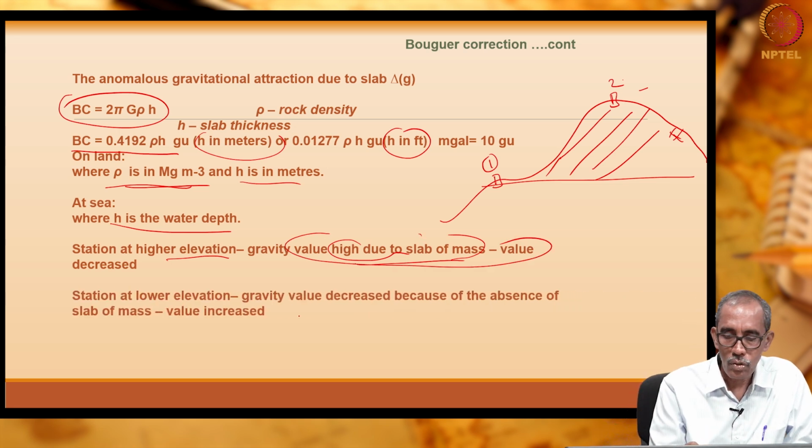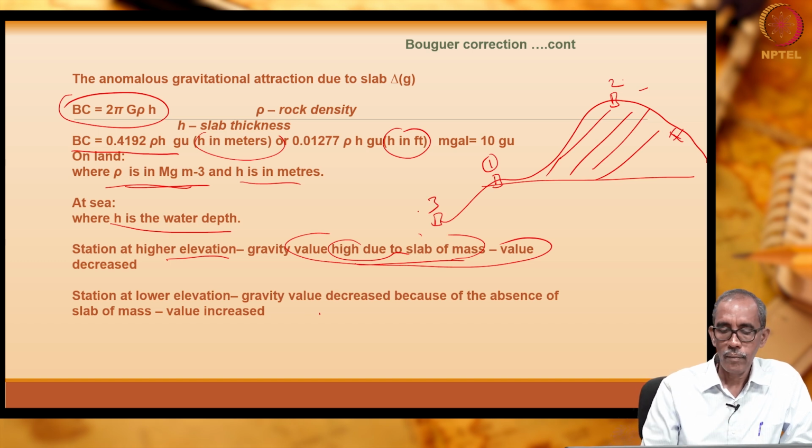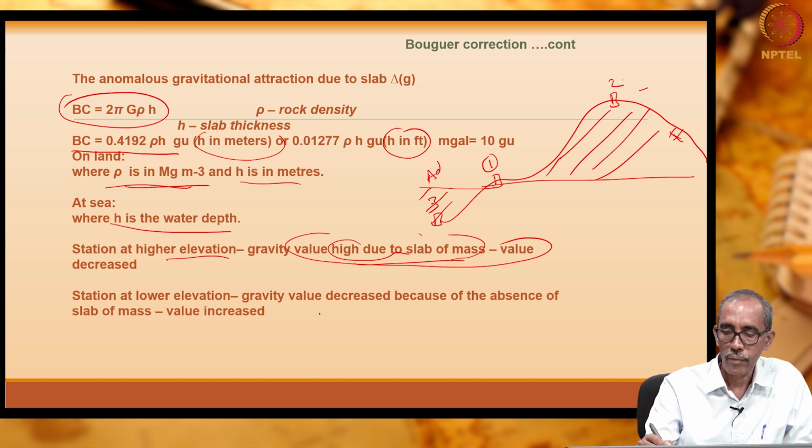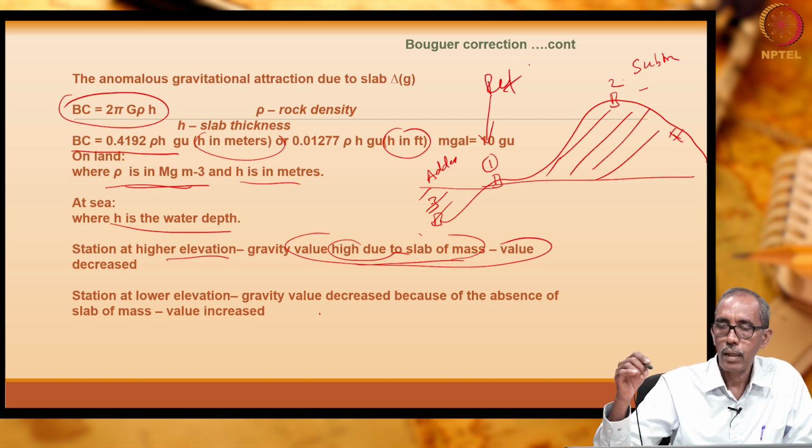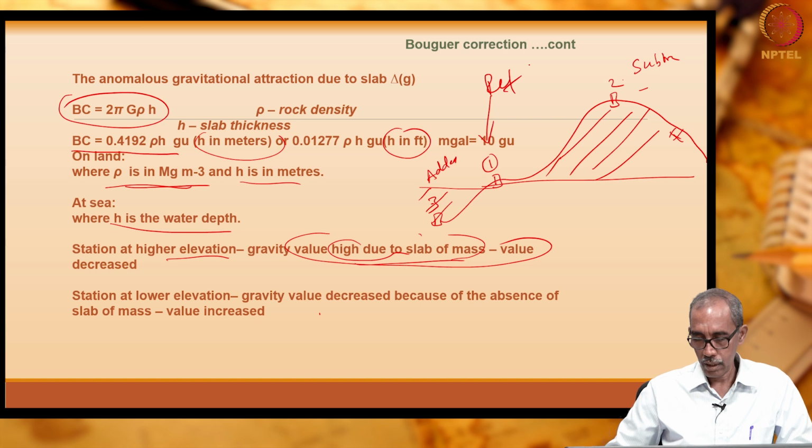If the station is lower, let us say this is station number 3, because it did not have any mass compared to station 1, we have to assume some additional mass here. So, the value has to be added here, whereas it has to be subtracted there, with reference to our reference station or base station. This is how we carry out the correction.